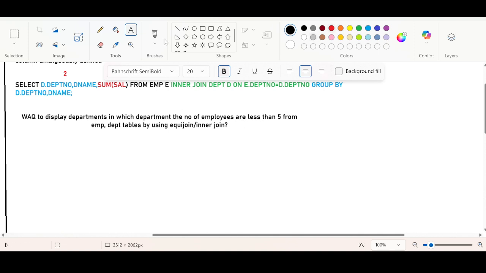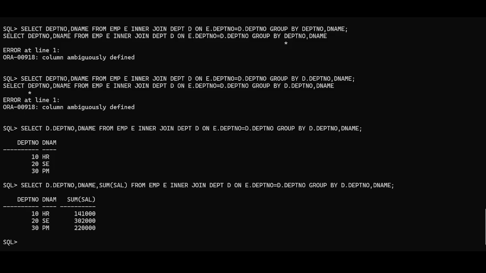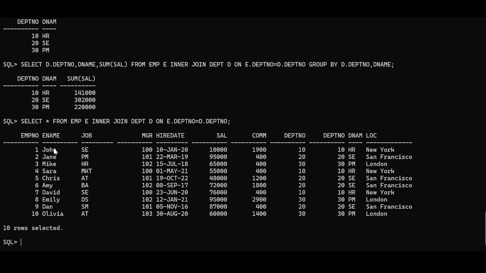Let us look at the query: display departments in which the number of employees is less than 5. First look for the table names, employee table and department table, so we need to use the joining query. After joining, we have to display the departments where the number of employees is less than 5. But firstly, a simple join query. We know what a join query is; it is going to join the two tables.